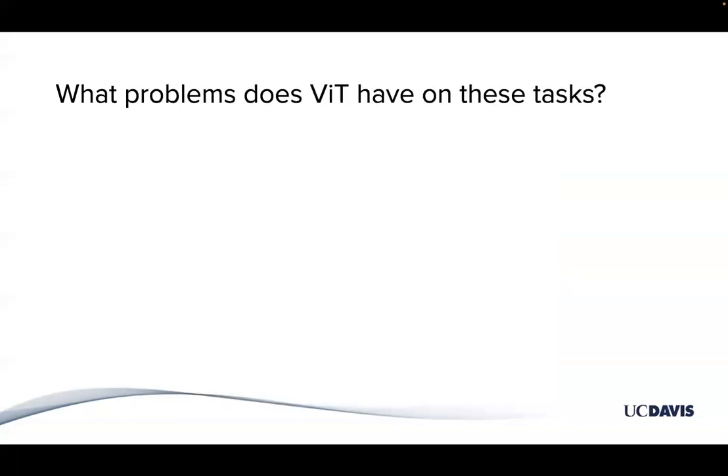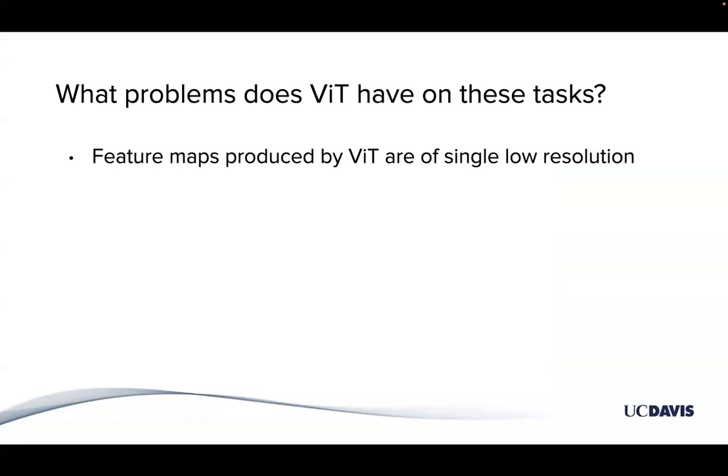So what are the challenges faced by Vision Transformer to achieve good results, or maybe beat convolutional neural networks on these tasks? Let's look at some of them. The feature maps produced by Vision Transformer are of a single low resolution because every patch is of the same size.